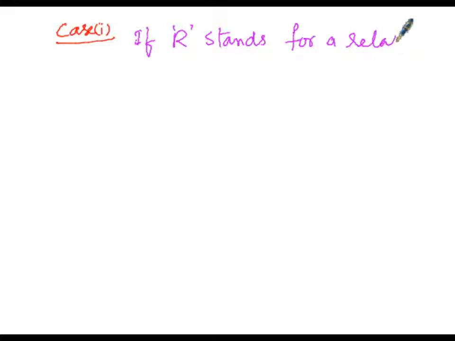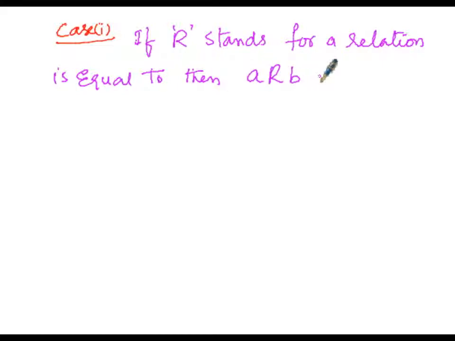In case number 1, if capital R stands for a relation, is equal to, then A R B implies, so here we have assumed capital R as the relation is equal to.